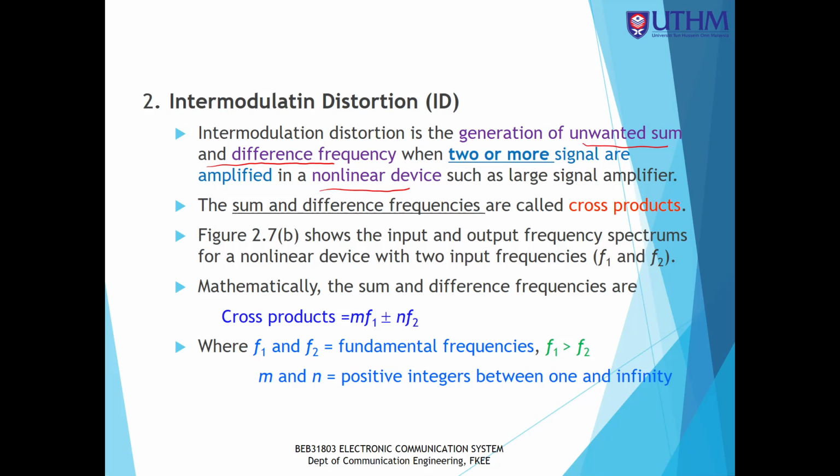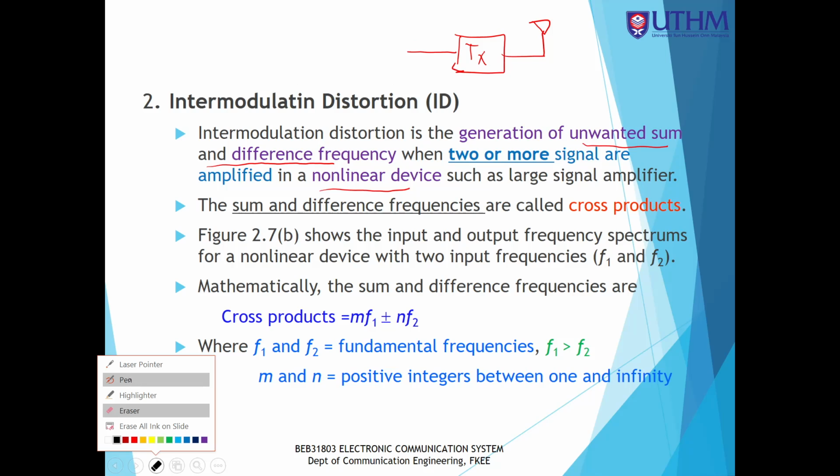So dalam kes ini, kalau kita lihat, contoh dalam transmitter for example, there must be at least two input. Mesti ada dua input. Okay, there must be at least two input.